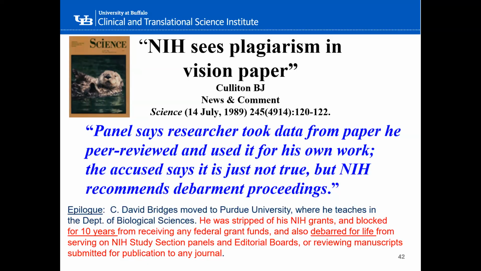They thought they were getting a world-famous and well-funded researcher, and basically the ceiling caved in when it was discovered that he had engaged in research misconduct. He lost all of his NIH funding. He was blocked for 10 years from receiving any federal grant funds. He was also debarred for life from serving on NIH study section panels or editorial boards.